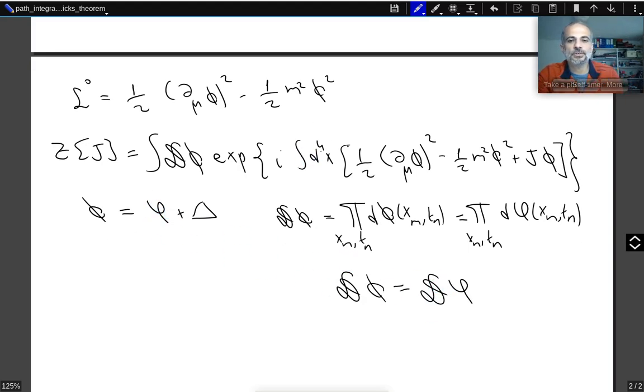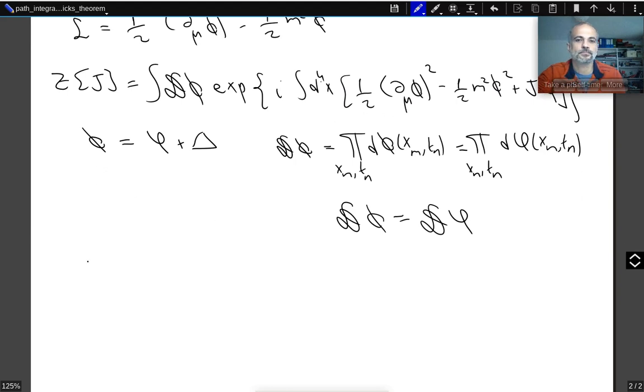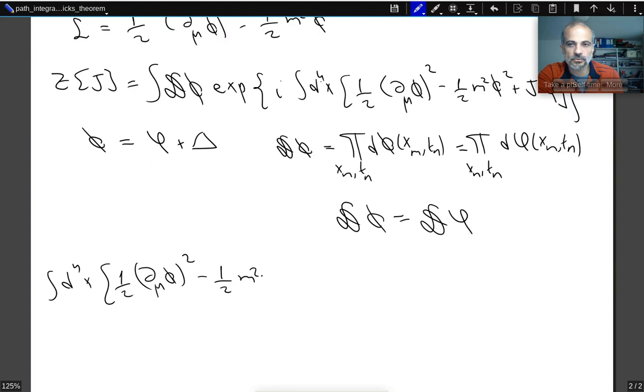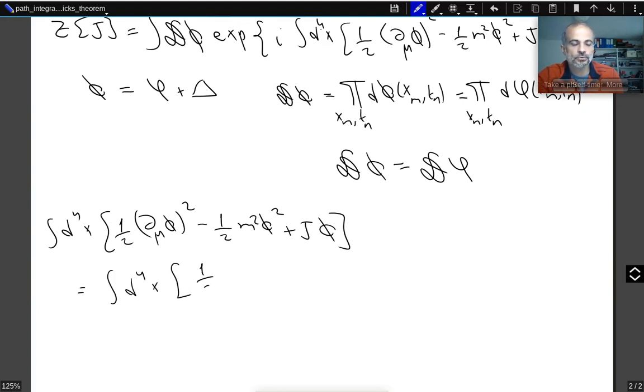So let me just look at this exponent only and replace this shift in the exponent. I have d4x 1 over 2 del mu phi squared minus 1 over 2 m squared phi squared plus j phi. This is equal to d4x 1 over 2 del mu, the new field squared, minus 1 over 2 m squared, the new field squared.